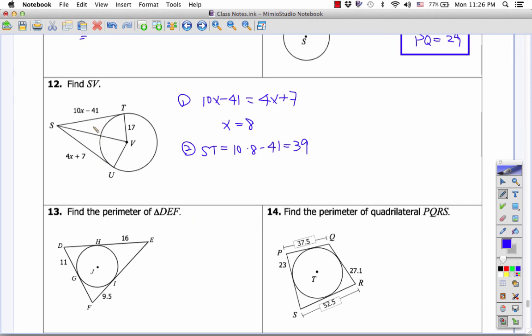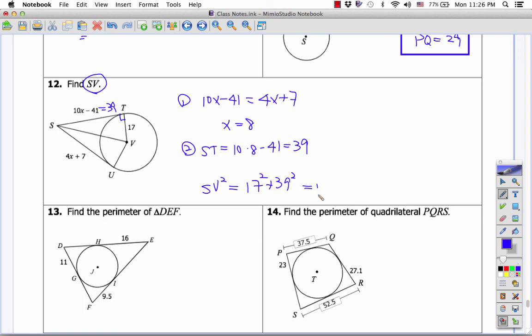And then finally, since I need to know SV, I'm looking for SV. In this case, I've got a right triangle here, so SV is the hypotenuse. SV squared should equal 17 squared plus now this one equals 39, so that should be 39 squared.